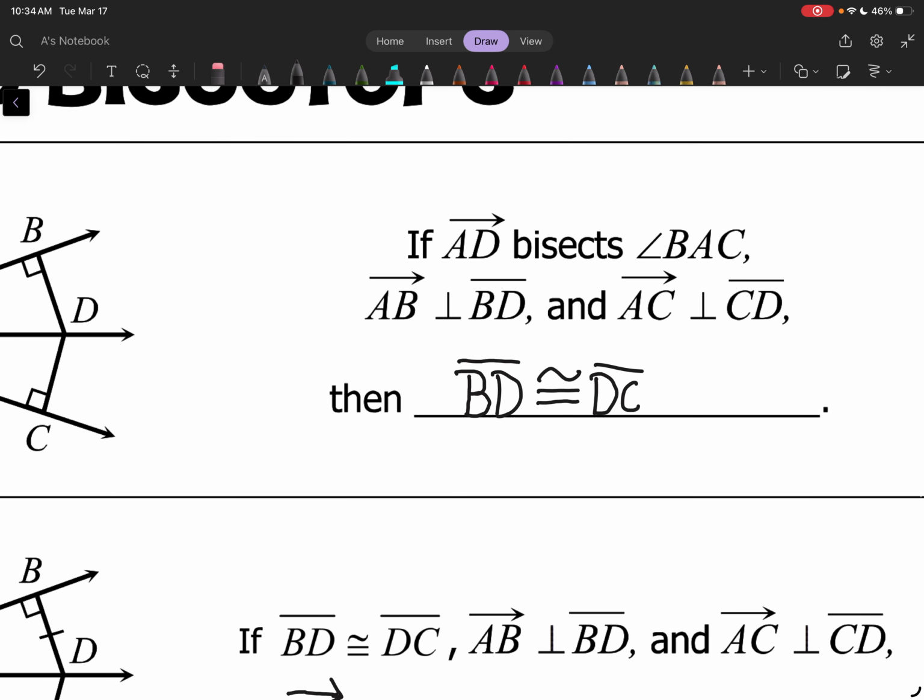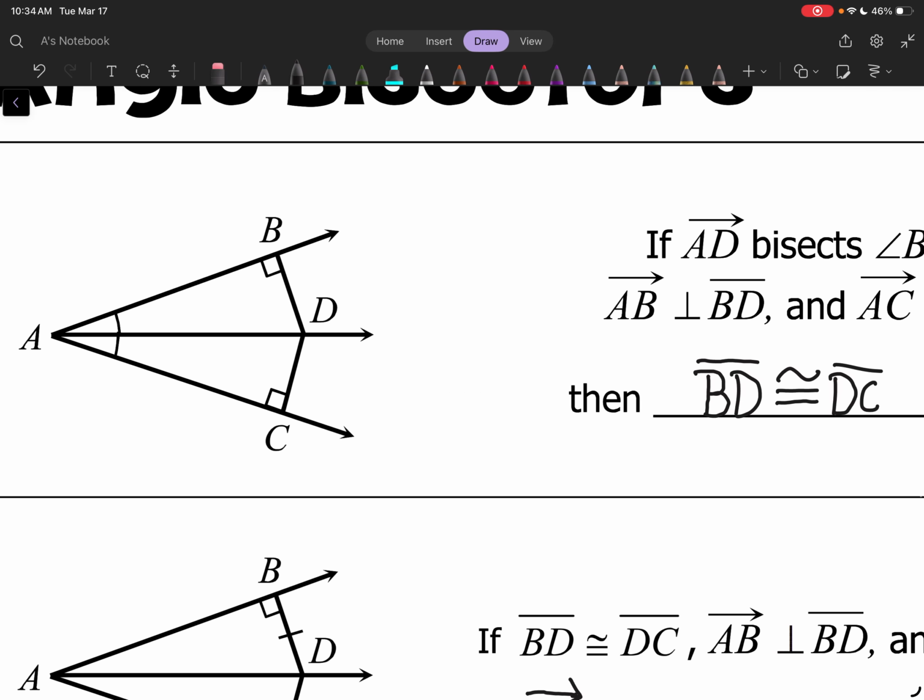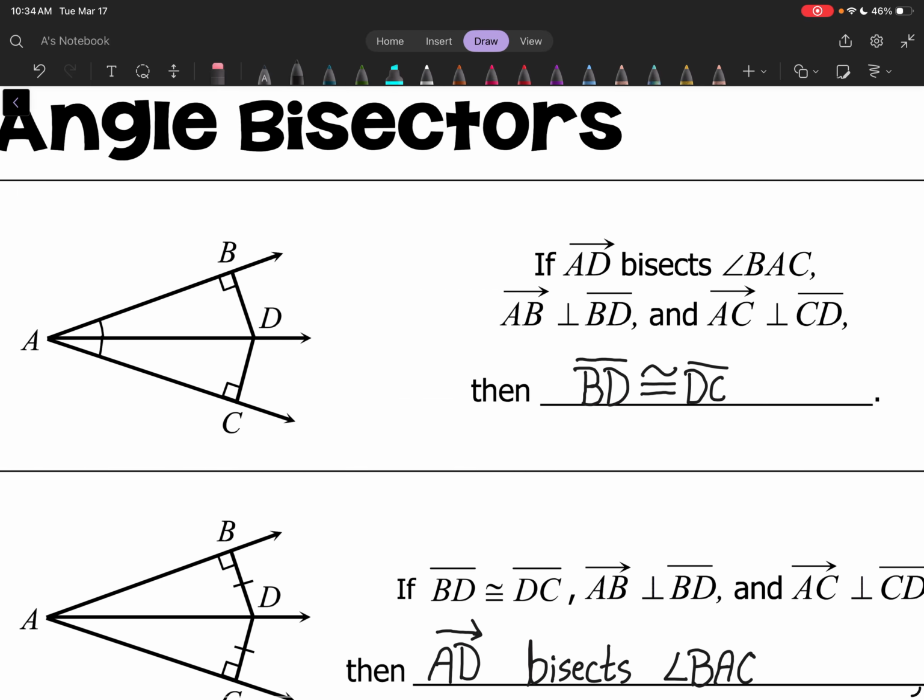So, if ray AD bisects angle BAC, so this line cuts this angle in half, and AB is perpendicular to BD, this right angle, and AC is perpendicular to CD, this right angle, then we can say BD is congruent to DC.